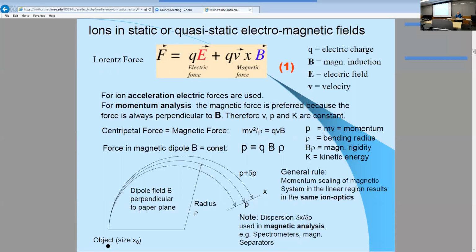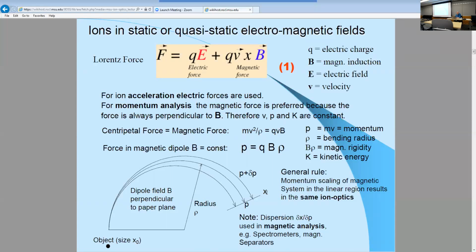This is very convenient to analyze particles, because for a given field and a given charge, the momentum changes the radius. If you have a detector here, you have a momentum dispersion, and that is used in spectrometers, as you all know, to analyze and determine the momentum and also then the energy.